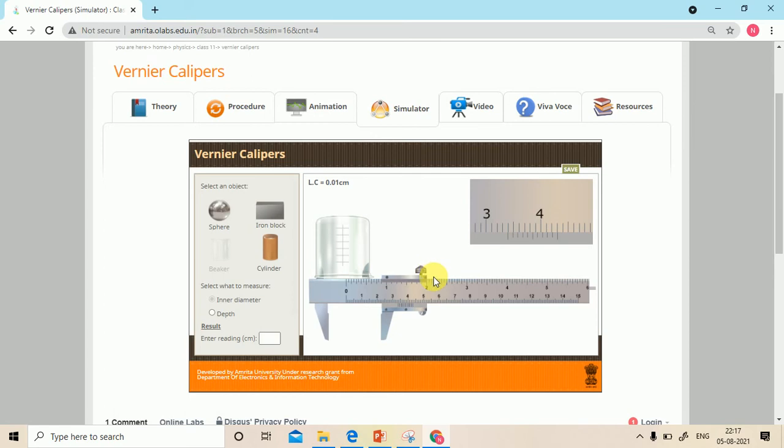Now we are going to measure the main scale reading. What is the main scale reading here? The 0 is showing 1, 2, 3, the third line, so after 3 lines crossed it is 3.3, and this line is not touching the fourth line, so don't consider that fourth line. So the main scale reading is 3.3.